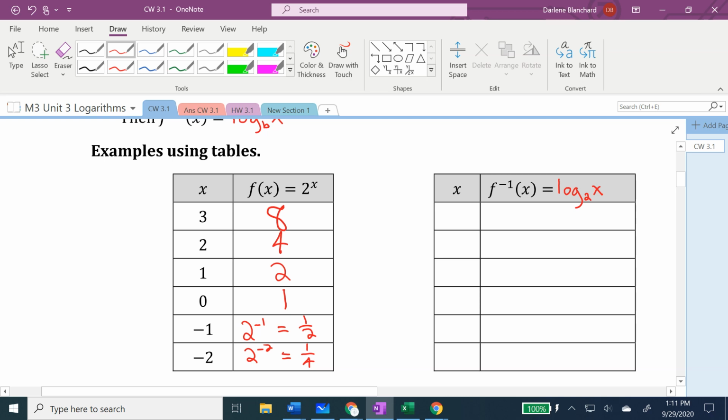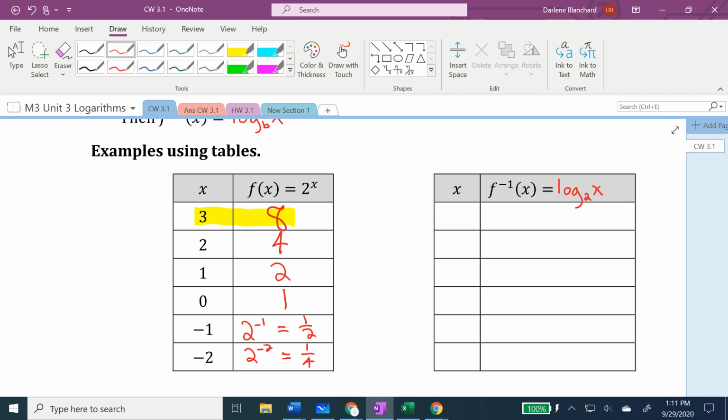Now, you are going to take all of these xy pairs and see. What you need to understand is the only thing that a logarithm is, it's an inverse. It's going to take everything in this table and take the x and y and flip them.